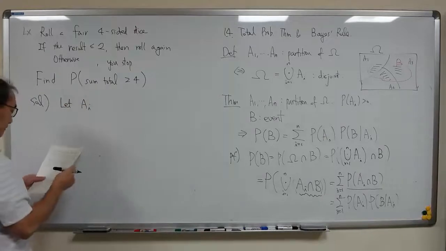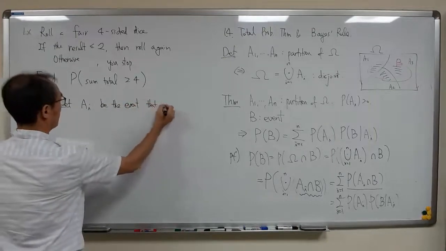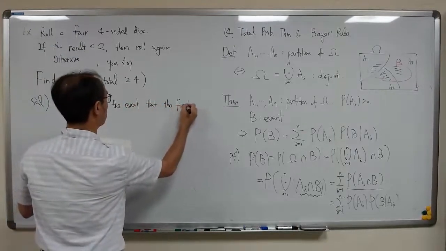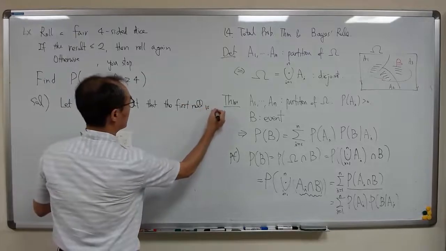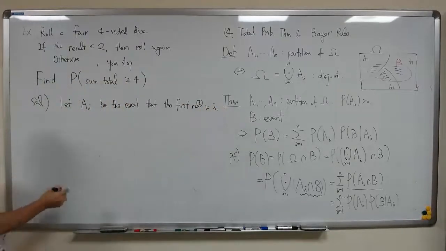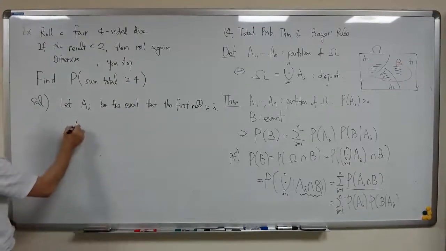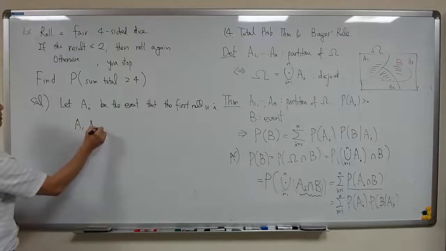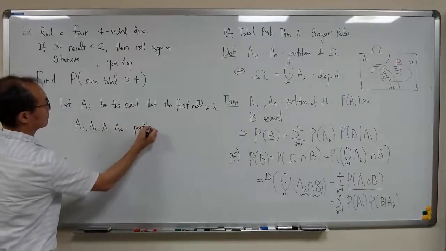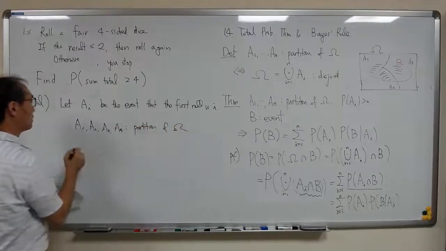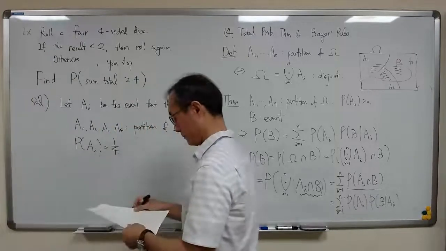Here, I'd like to introduce the event A_i: the result of the first roll is the number i. Then A1, A2, A3, A4 are the partition of the omega, and the probabilities of all these A_i are the same.